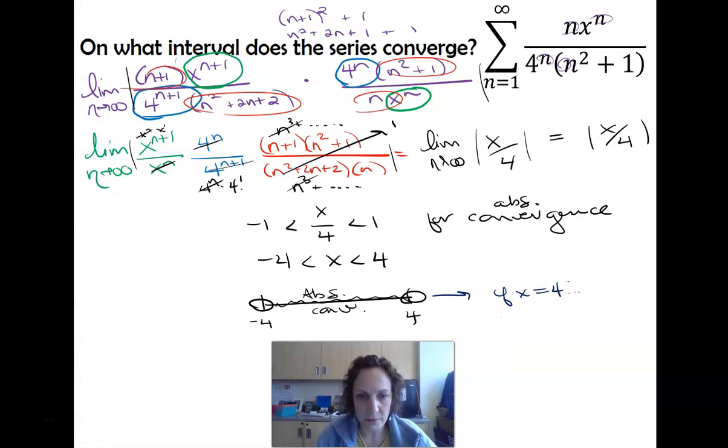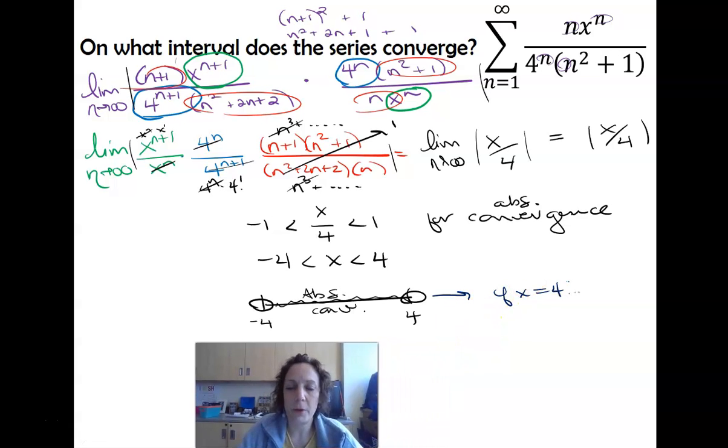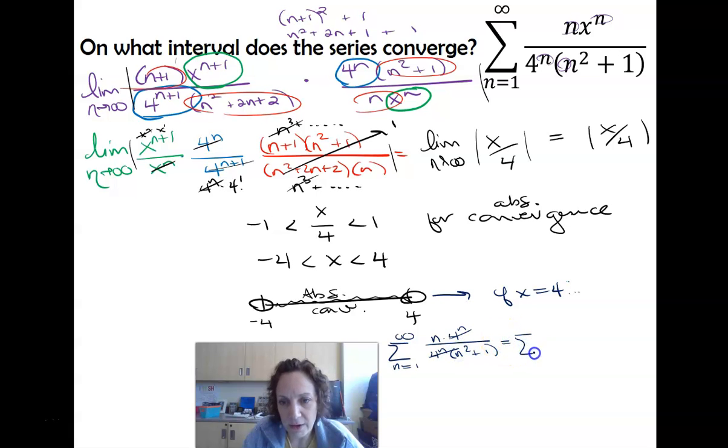My series is going to turn into n times 4 to the n over 4 to the n times n squared plus 1. These cancel, and I end up with just n over n squared plus 1.